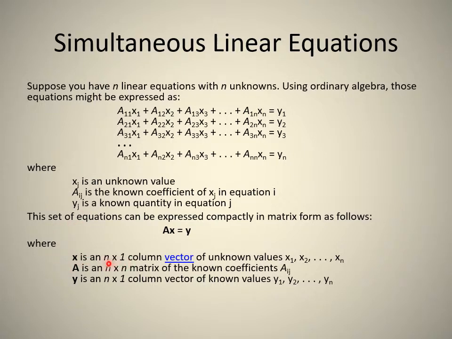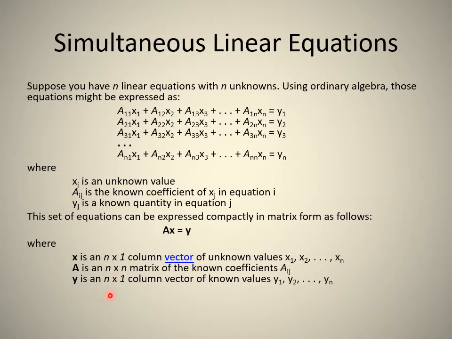X is an n by 1 column vector: one column, and the number of rows is the number of unknowns. A is an n by n matrix, so the number of rows and columns equals the number of equations and the number of unknowns.